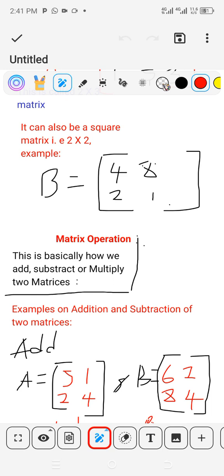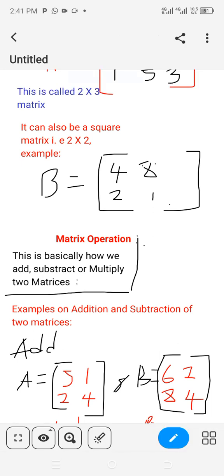So in this case, the rows and the columns are the same because they have 2 equal numbers. So this is called a 2 by 2 matrix because the row is 2 and the column is also 2. So it is called a 2 by 2 or a square matrix.